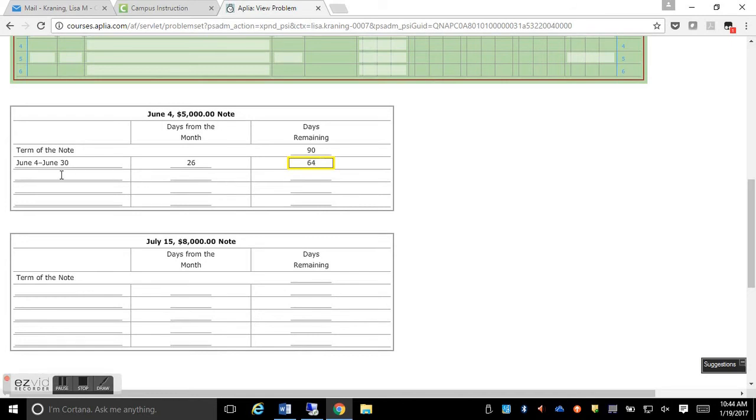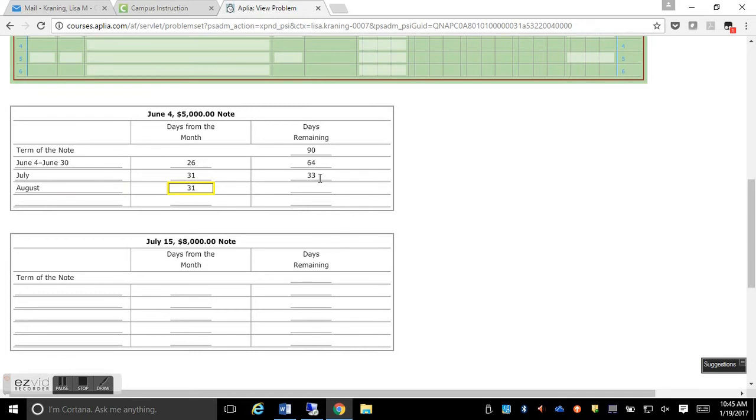Then we're going to go to the month of July. It's going to be the whole month of July. There are 31 days in July. 64 minus 31 gives us 33. We have to get down to 0 down here. So our next month is August. We are going to use the whole month of August. There are 31 days in August.